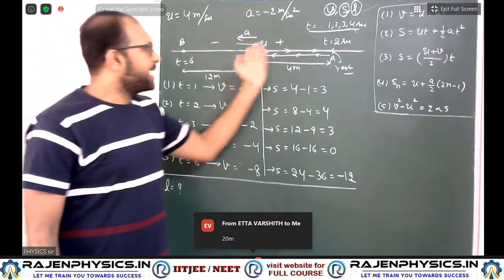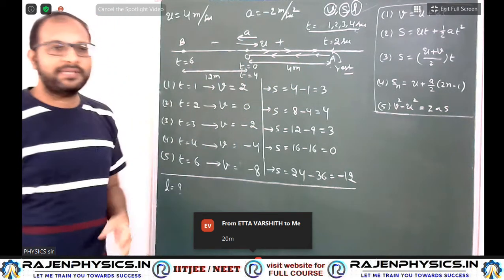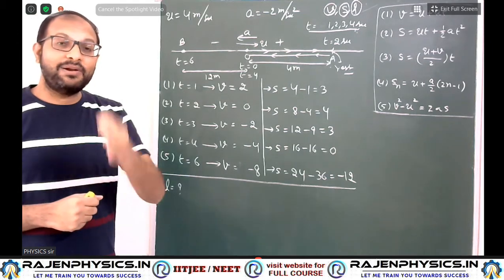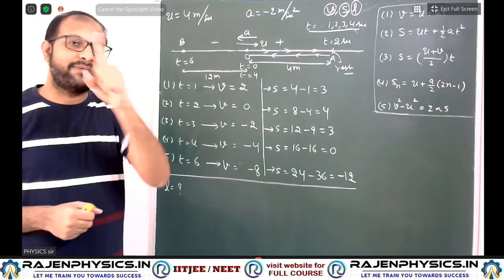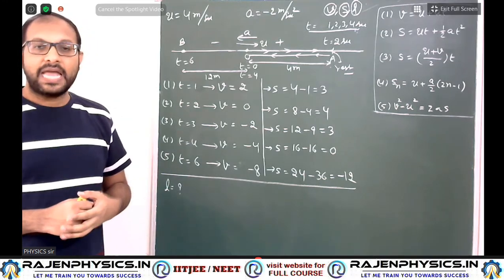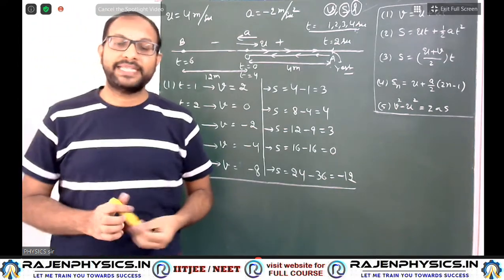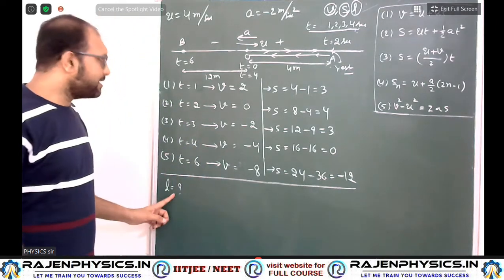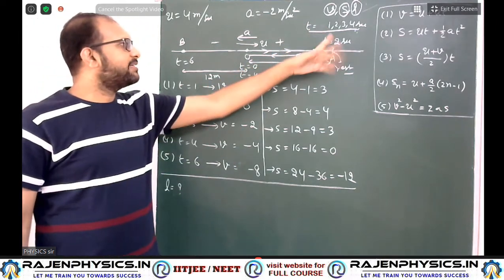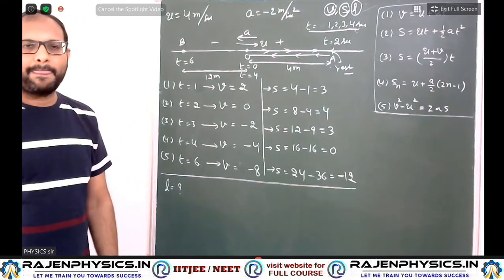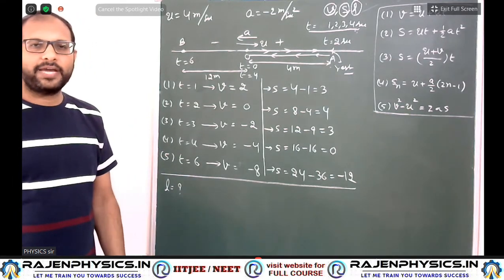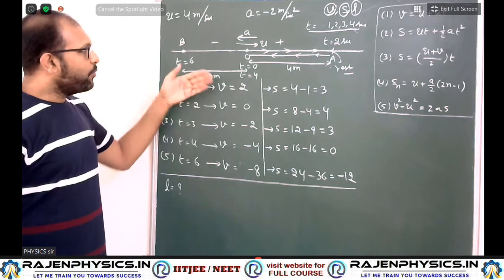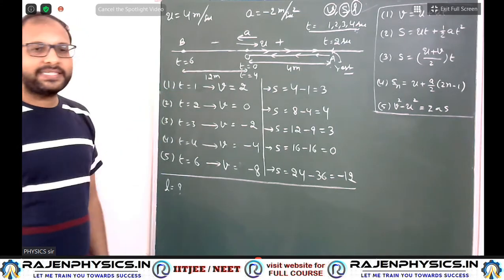Total, 4 plus 4 plus 12, that is 20 meters. This is the length of the path. Distance can never be negative. Displacement can be negative, but distance never. Okay? Right. So distances at different times are also completed. Distance, displacement, velocity, all completed.